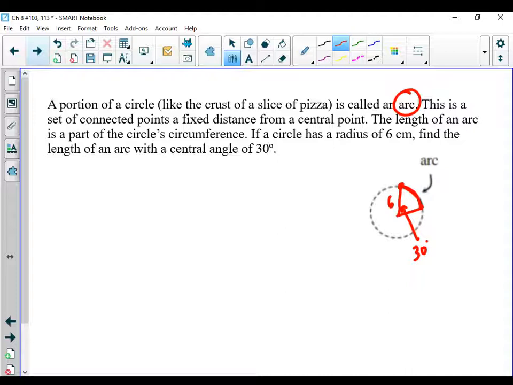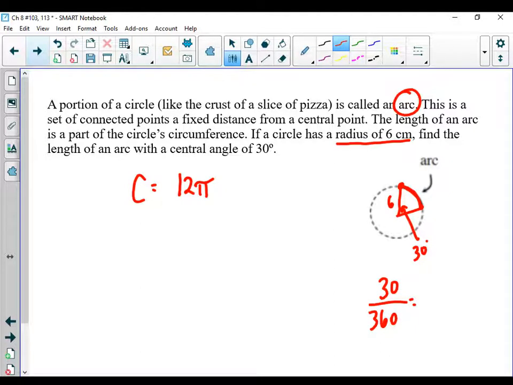Okay, when you tried this one, first thing we want to figure out is, since I'm dealing with the arc, what's the circumference of the entire circle? Well, they said that the radius was 6 centimeters, so we know our diameter is 12. So if I were looking at the entire circumference, I would have 12 pi. I only had a portion of it though. So they said 30 degrees. Well, that's 30 degrees out of 360 degrees.